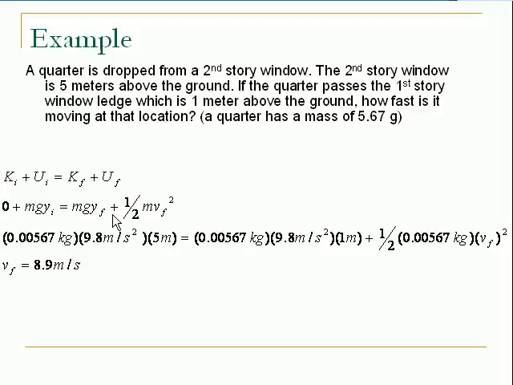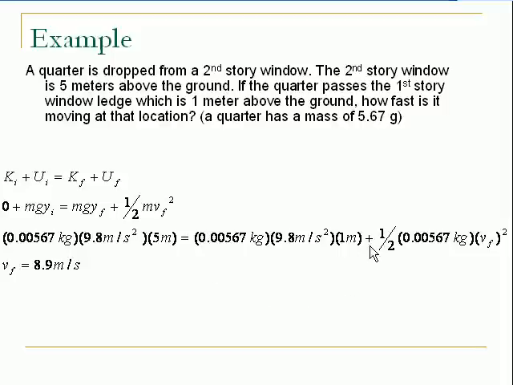On the other side of our equation, we have all of the energy information when it's at the first story window ledge. So I plug in the mass, the acceleration due to gravity, and also 1 meter, because that's where the quarter is located at the first story window ledge. That will be the gravitational potential energy of the quarter at that location.